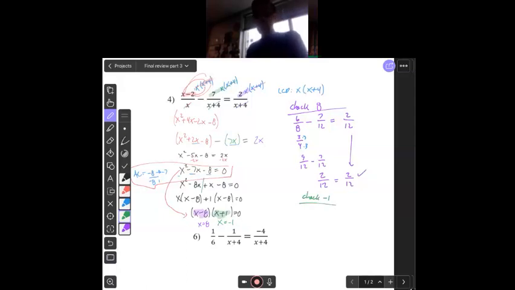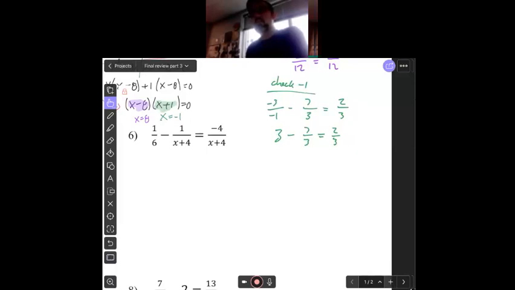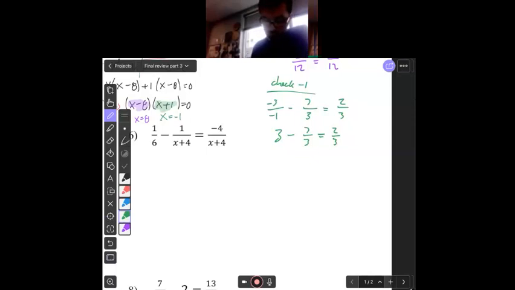Plugging in negative 1, negative 1 minus 2 is negative 3, over negative 1 minus 7, negative 1 plus 4 is positive 3. So I get negative 3 over 3 minus 7 over 3 equals 2 over 3. So how many thirds are in 3? Yep. Jared, how many thirds are in 1?